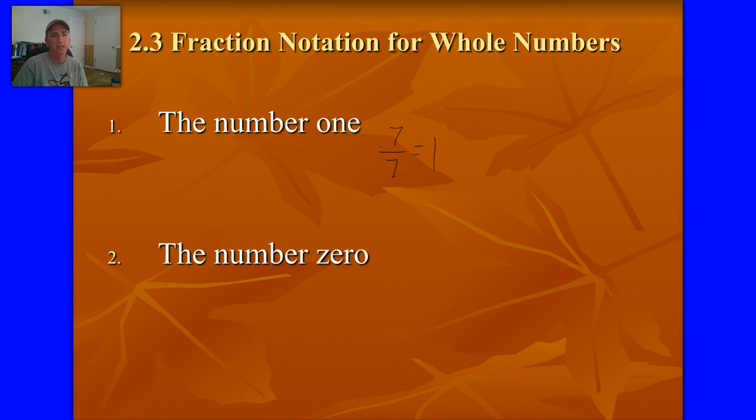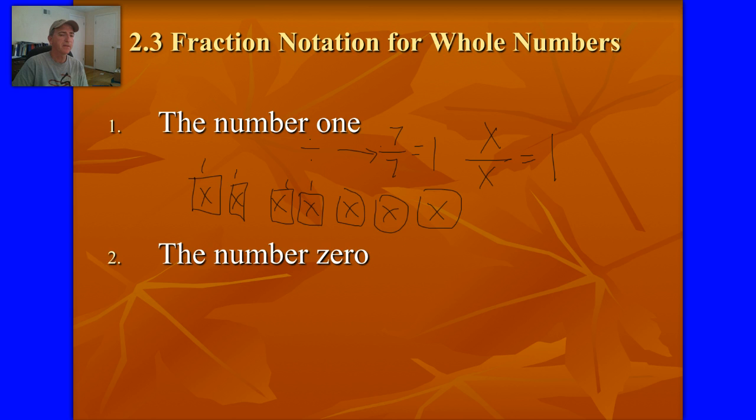So if you have 7 things, 1, 2, 3, 4, 5, 6, 7, and you divide them into 7 groups, that's in a group, that's in a group, there's 3 groups, 4 groups, 5 groups, 6 groups, 7 groups, you have 1 item per group. That's 7 divided by 7. And that's going to happen with any number. So any number divided by itself is 1. The only exception is 0.